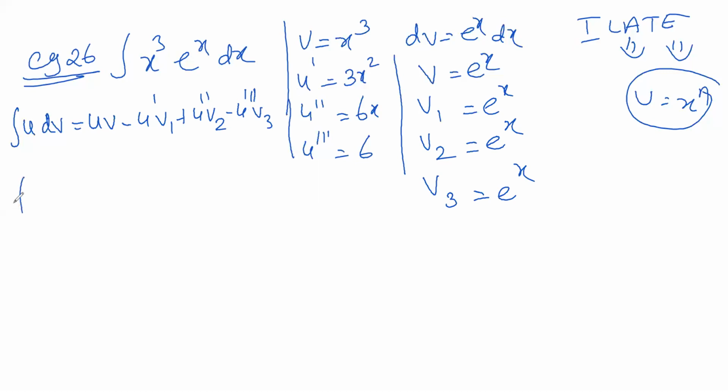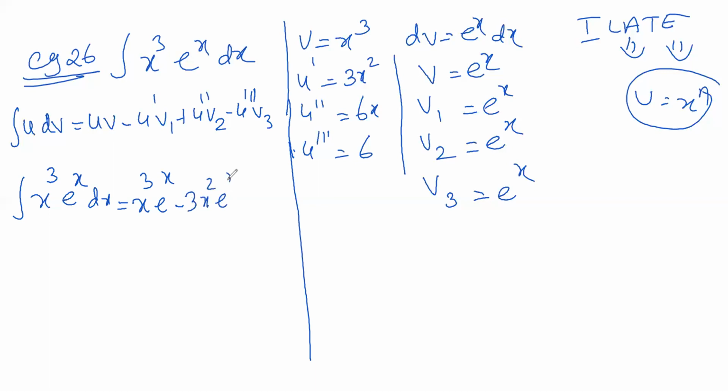Now integral u dv, where u is x cube and dv is e power x dx, is equal to uv. What is u? x cube, and v is e power x, minus u dash, which is 3x square, and v1 is e power x, plus u double dash 6x, and v2 is also e power x, minus u triple dash which is 6, and v3 e power x, plus c.